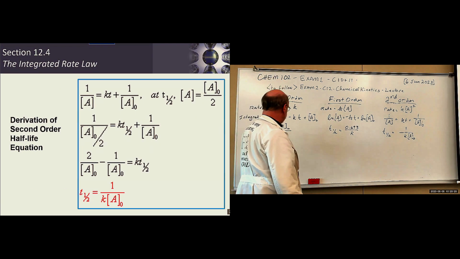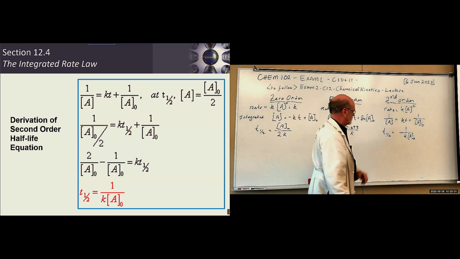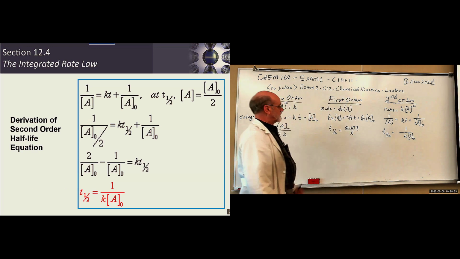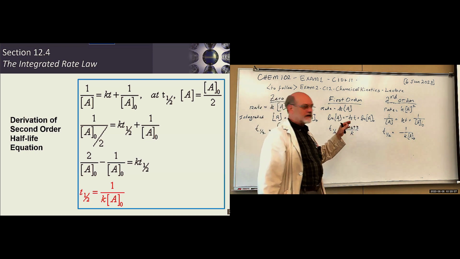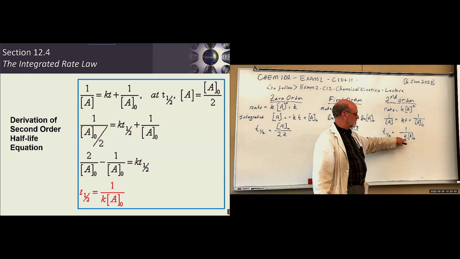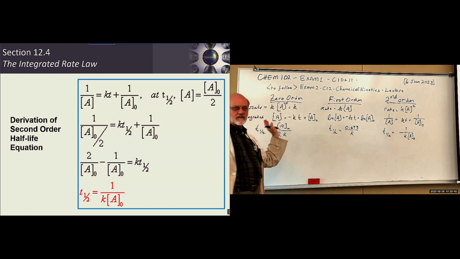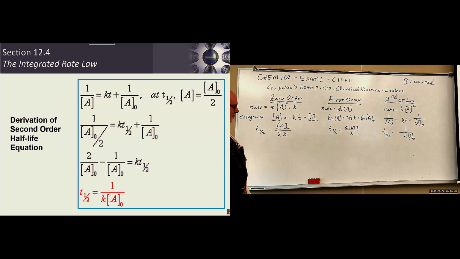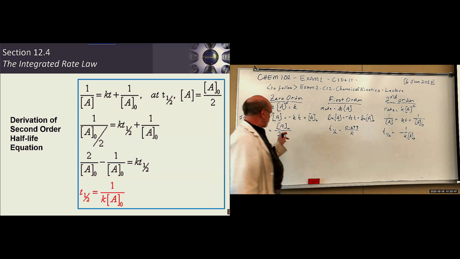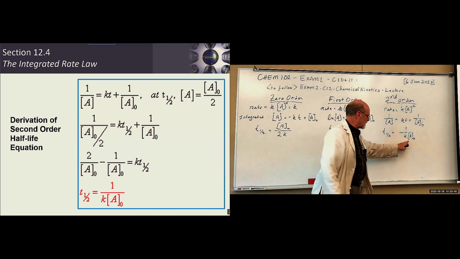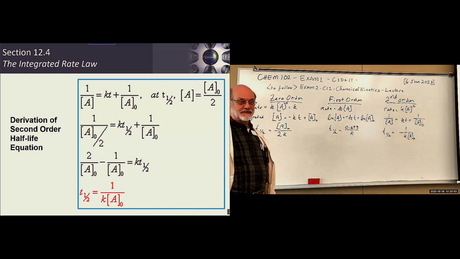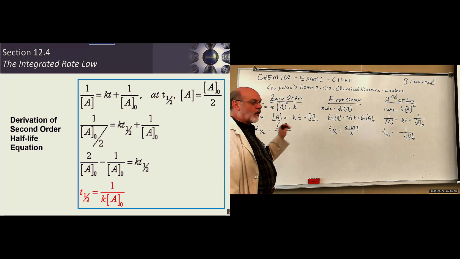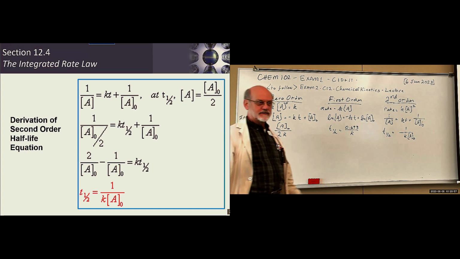So notice one thing about all three of these half-lives. For zero, first, and second order, they're all inversely proportional. K's in the denominator of every one. Now, A0 is in the numerator here and in the denominator there, and it's not existent here. But the k is consistent. It's always in the denominator for these half-lives.